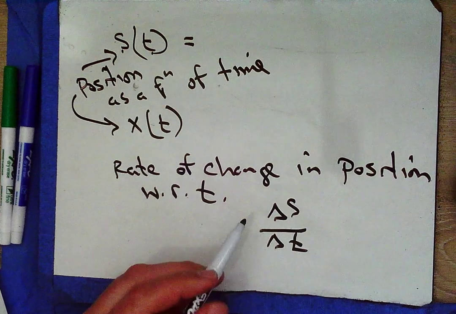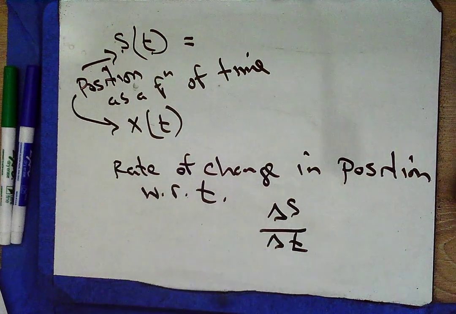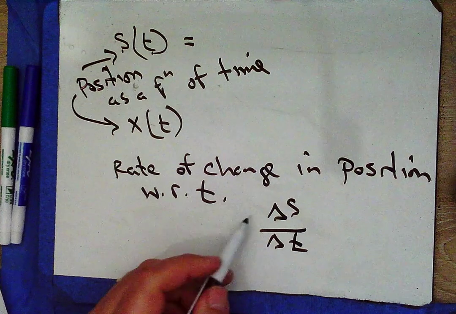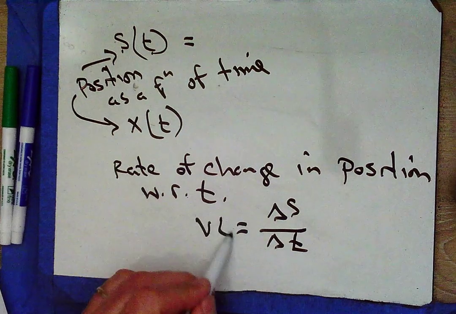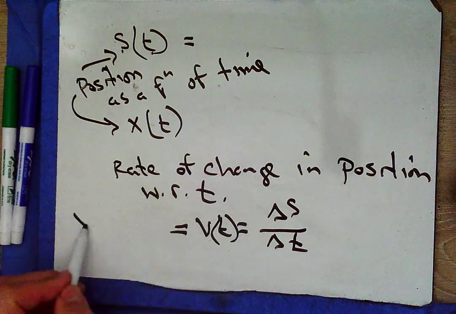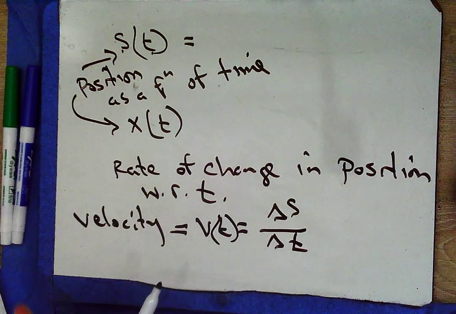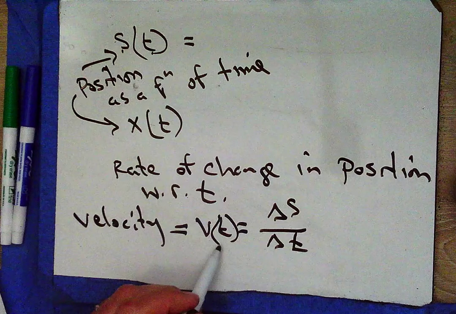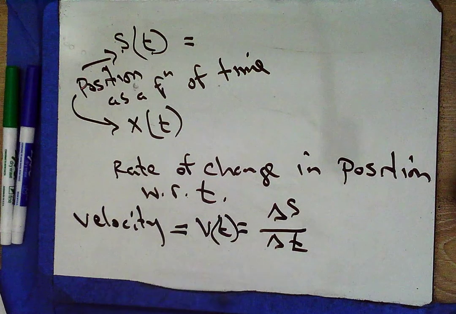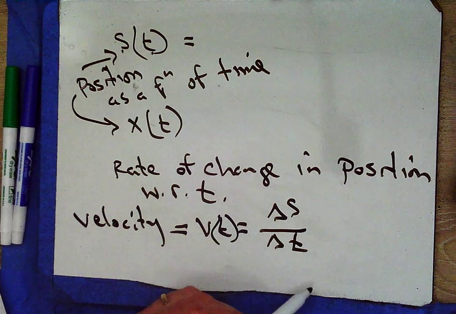When we're talking about a change in position with respect to a change in time, that's how we define velocity. Not speed. Speed's a different thing. Velocity. Velocity is a change in position with respect to time.